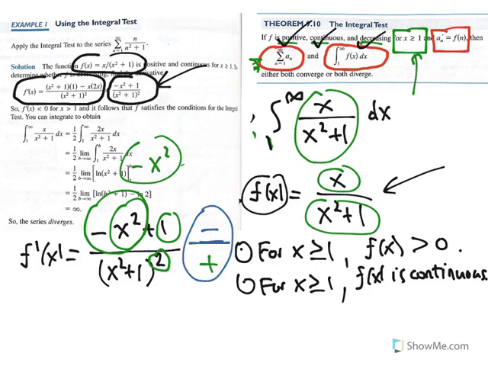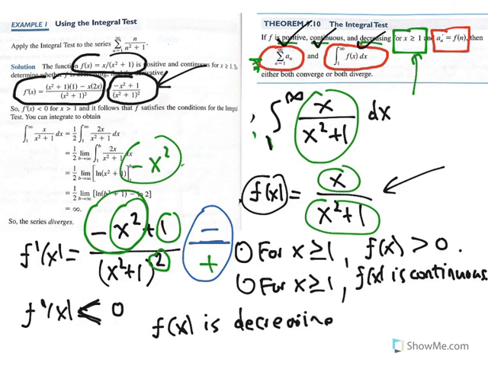And because the numerator is negative and the denominator is positive, the quotient, which is of course the derivative, will be negative. The derivative is negative, so the function f is decreasing on the interval from 1 to infinity.